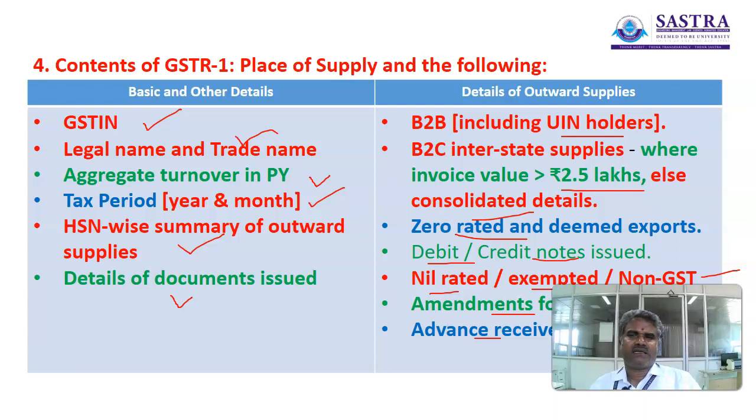So these are all the informations available in the GSTR 1 along with place of supply, time of supply.